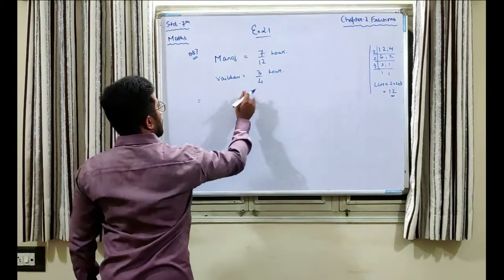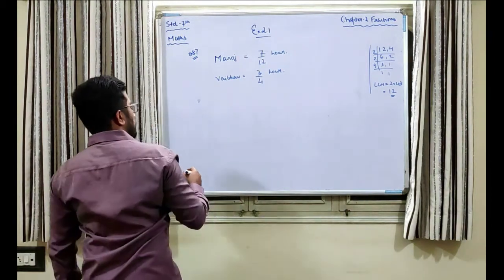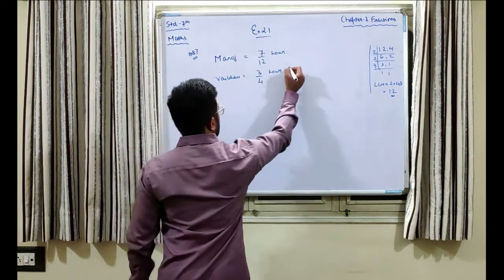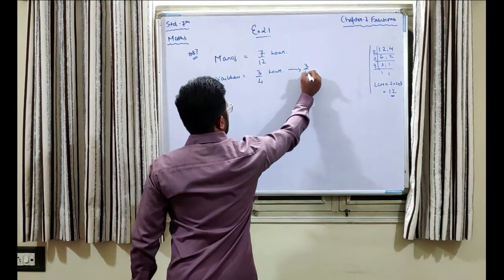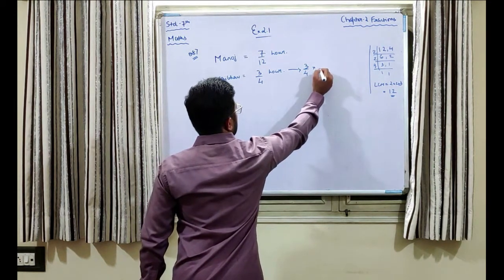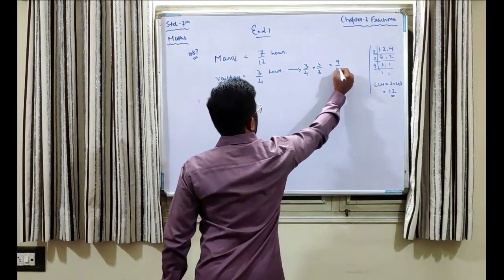So here in Manoj we have 12 as denominator, but in case of Vaibhav we need to convert. So converting Vaibhav to 12, 3/4 into 3 and 3, that is 9/12.